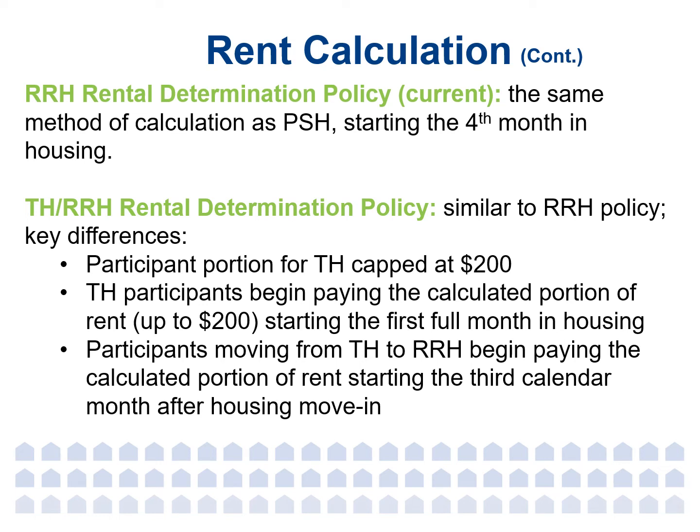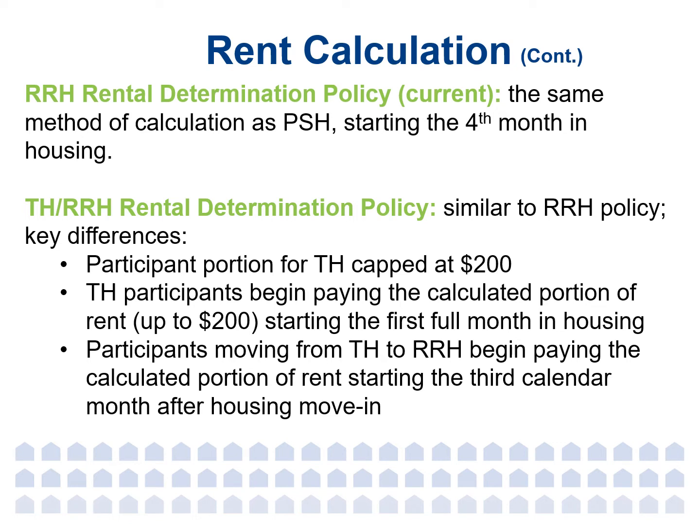Continuums of care are required to develop standards for determining what percentage or amount of rent each rapid rehousing program participant must pay. In November 2018, the Homeless Clearinghouse approved a new policy which required the participant portion of rent for RRH participants to be calculated the same way it is for PSH participants, using the CoC approved form.